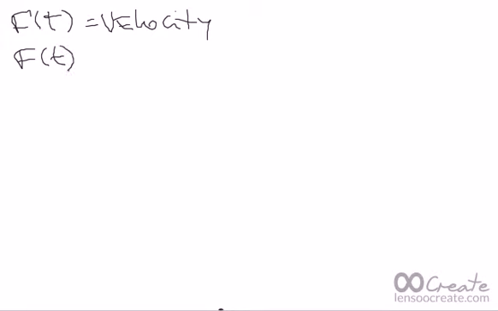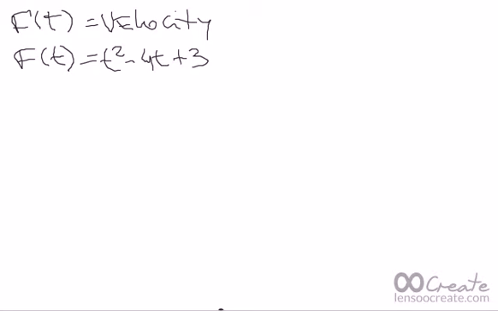Oops, this doesn't look too good, so let's do this again. Knowing this, we know that f of t equals t squared minus 4t plus 3.